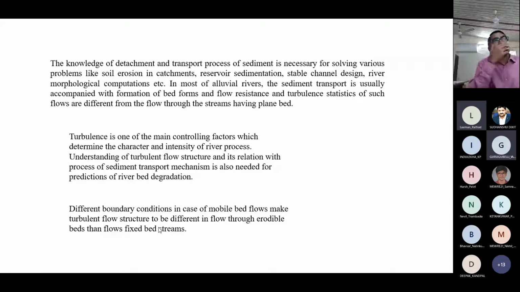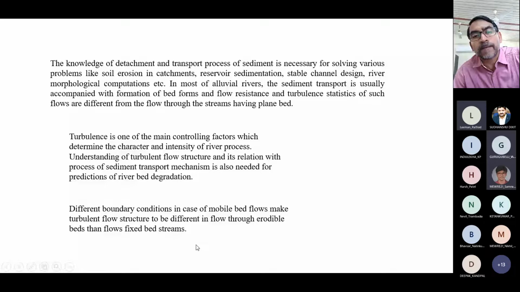So now, probably tomorrow or the day after tomorrow, you will also see the turbulence statistics in fixed bed streams. When I say fixed bed stream, what exactly do we mean by this? Anybody from the audience? The slope is constant. Slope is constant, sir. Okay. Anything else? Deepak?